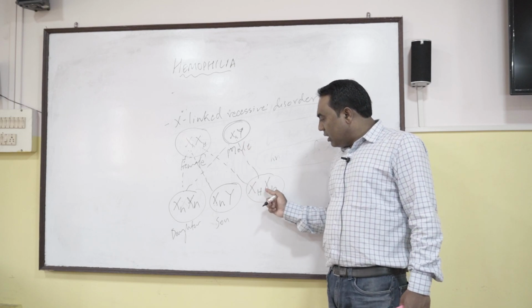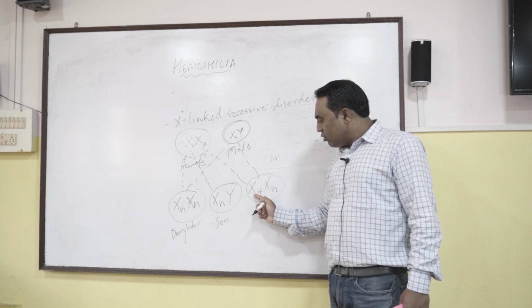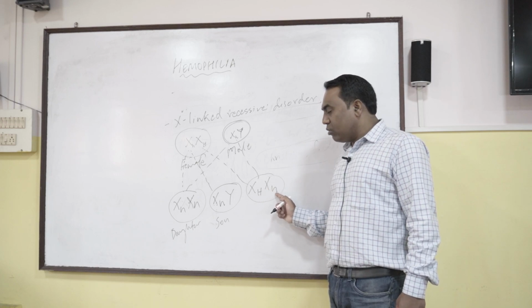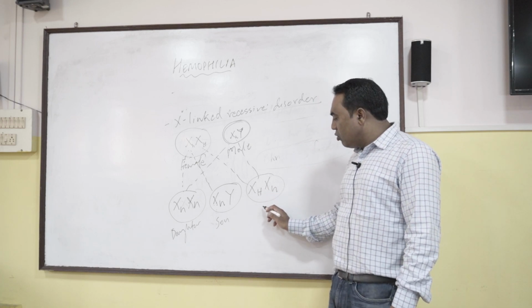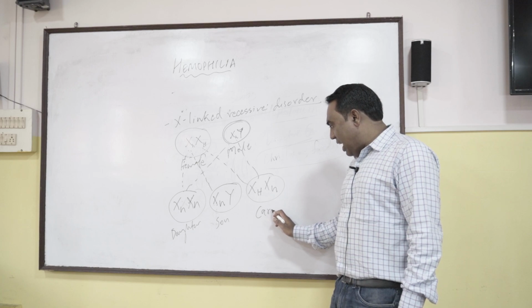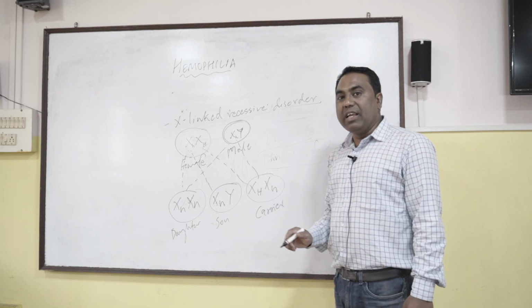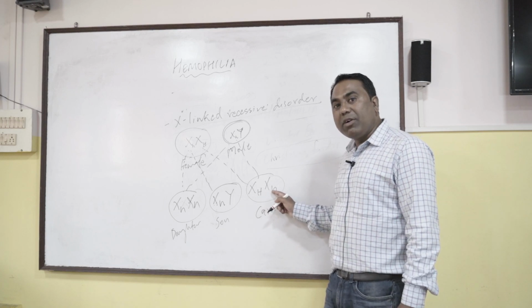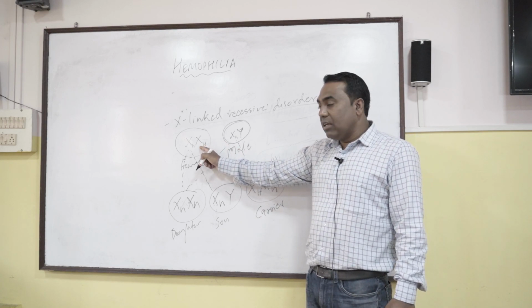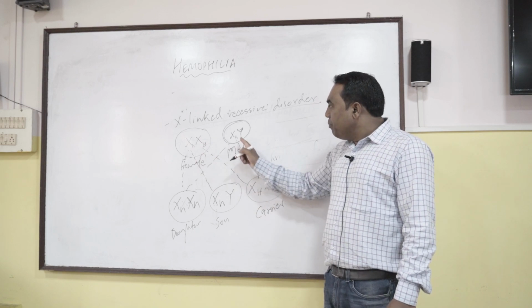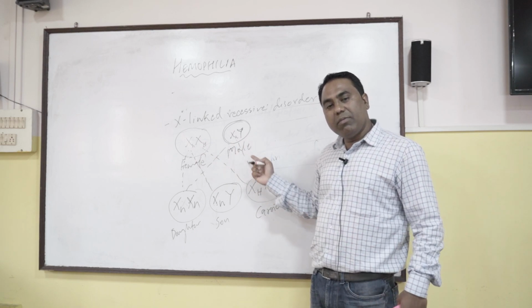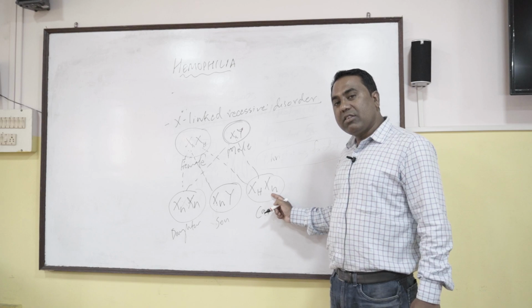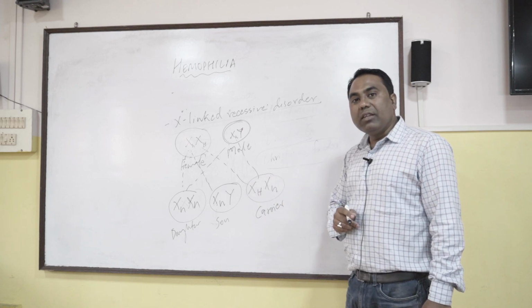But if you look carefully, one of her X chromosomes has capital H and the other X chromosome has small h, so she is going to be a carrier of hemophilia. She is not going to show the symptoms this time, because she is just the carrier. She has received X capital H from the mother, but X small h obviously has to come from the father, so she has become the carrier.